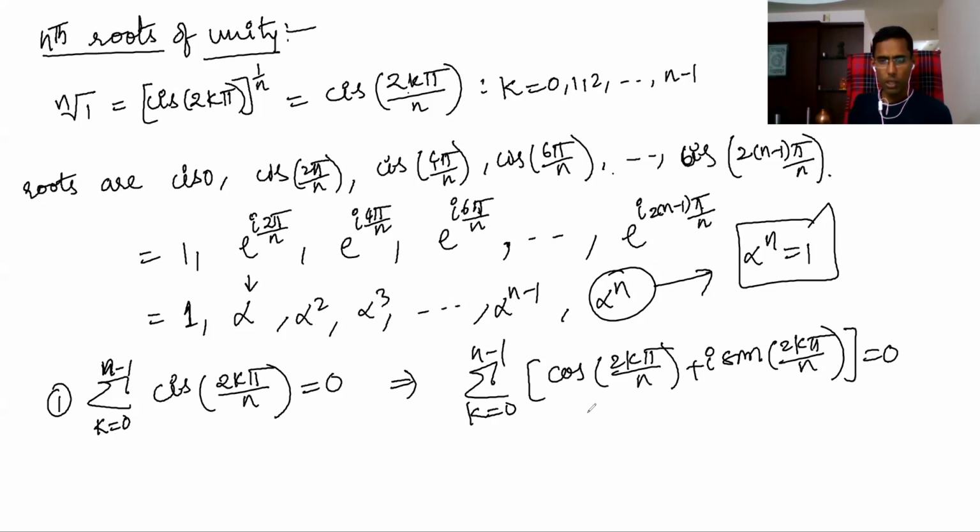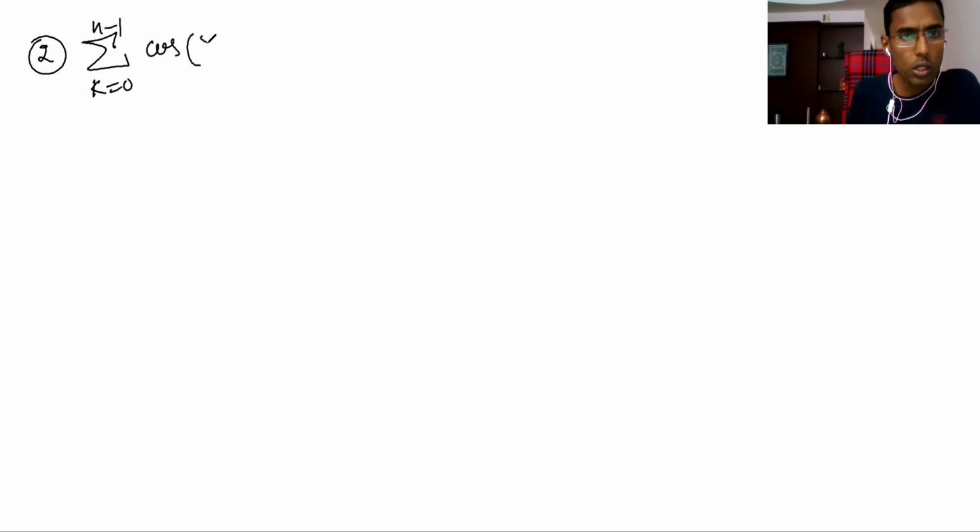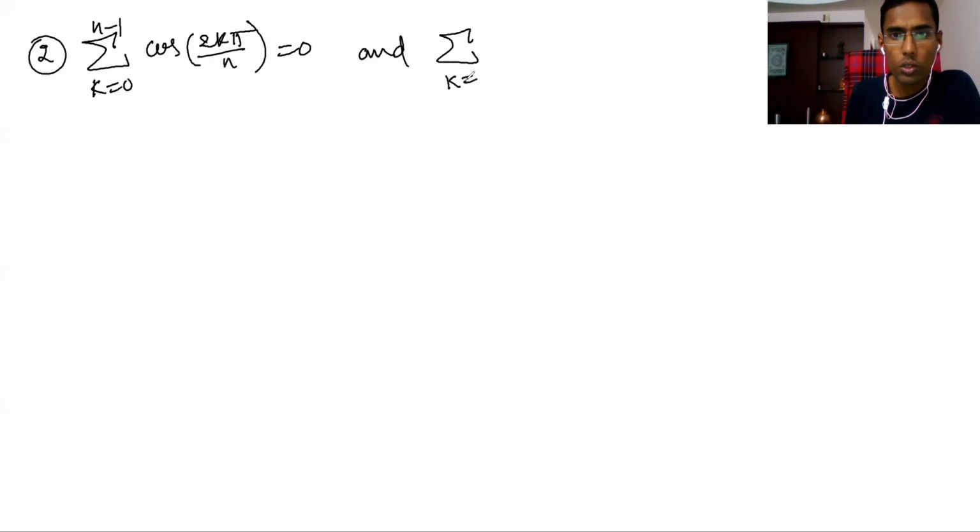If that is 0, the second point: the summation k equal to 0 to n minus 1 of the real part, cos 2kπ/n, is 0, and also the imaginary part, the summation k equal to 0 to n minus 1 of sin 2kπ/n.